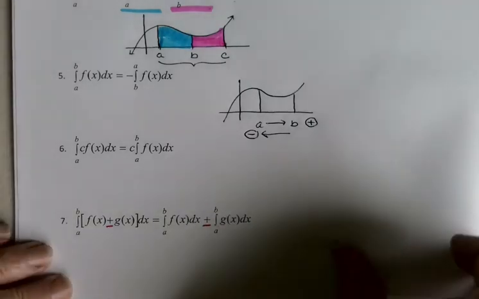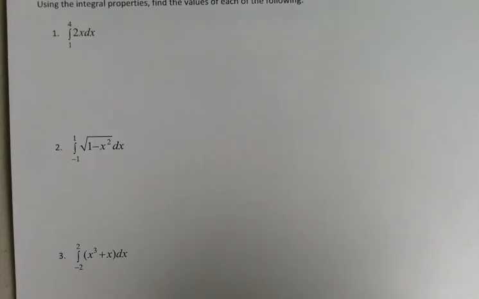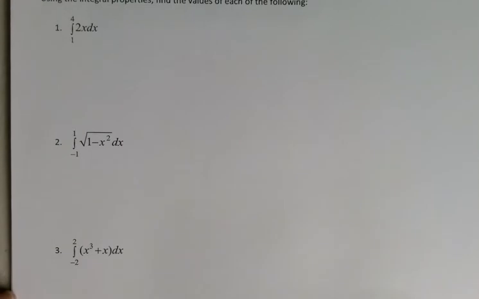All right, let's practice some problems based on these properties. Problem 1 asks us to find the integral from 1 to 4 of the function 2x dx. Since these are all geometric properties, let's look at the geometry of that.